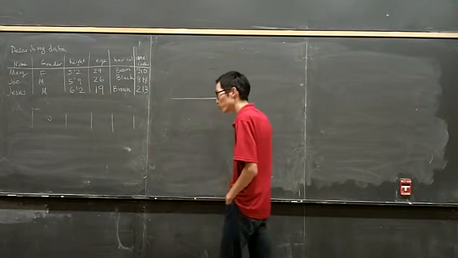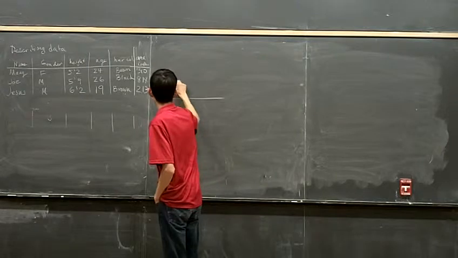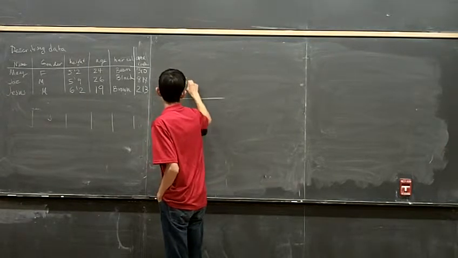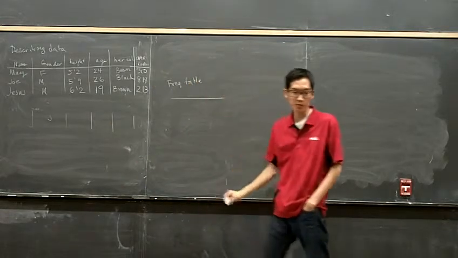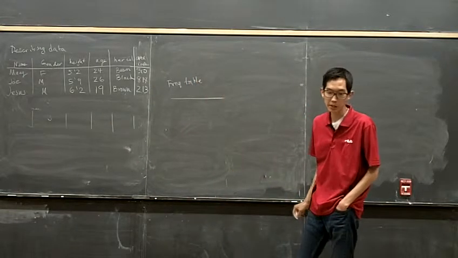We can summarize this with a frequency table. Okay. And we use frequency tables for categorical variables.